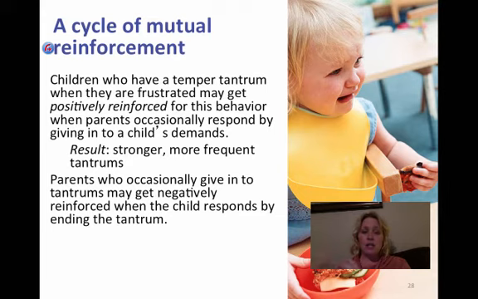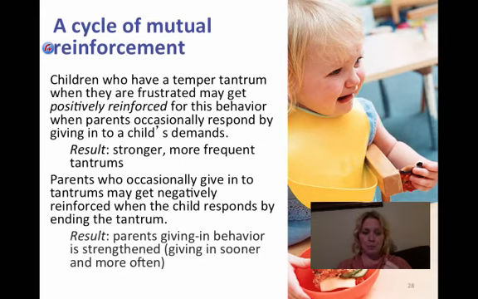Now, the parents are being negatively reinforced because when the kid gets what it wants, what happens? The tantrum stops. So the stopping behavior is increasing when you're giving the child what it wants. So the parent is being negatively reinforced to keep giving the child and keep giving it. So again, sometimes we can have this mutual reinforcement that's happening.